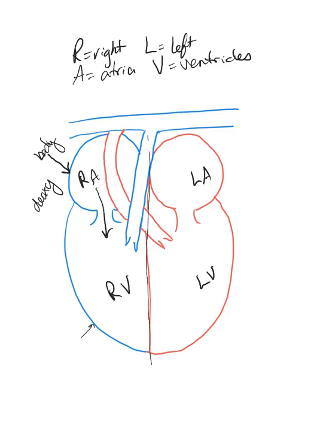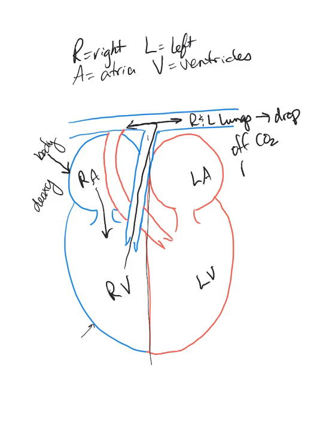Then it goes from the right ventricle up where it's going to split and head to the right and left lungs. At that point, it's going to drop off CO2, pick up oxygen, and then head back to the left atrium.